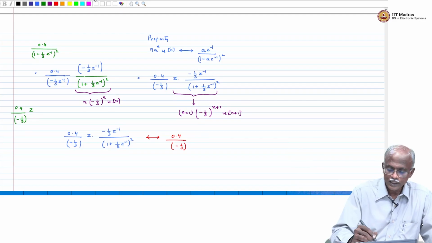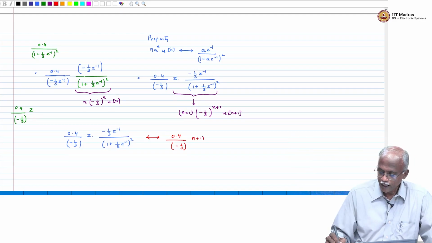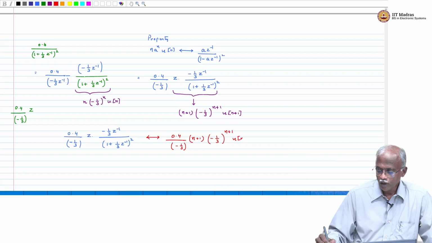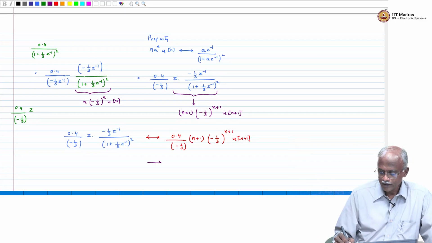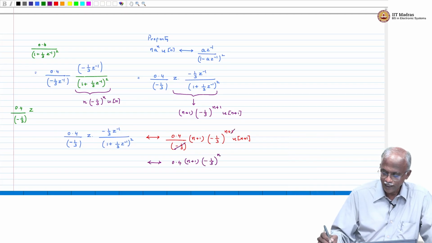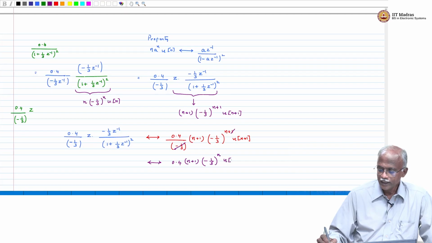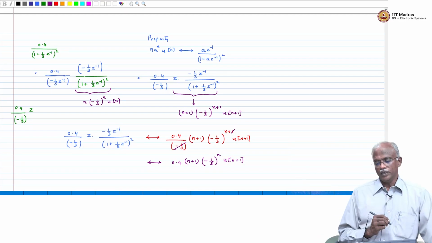The sequence is n plus 1 times minus 1 by 3 raised to the power n plus 1 u of n plus 1. You can simplify it just one more step. This is the same as 0.4 times n plus 1 times minus 1 by 3 raised to the power n, because this and this will cancel, and what you get is u of n plus 1.